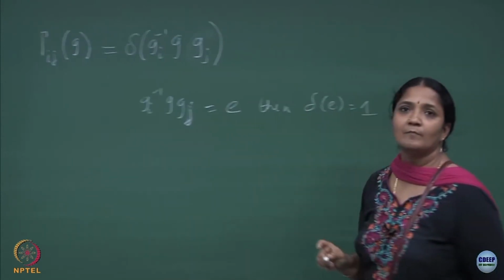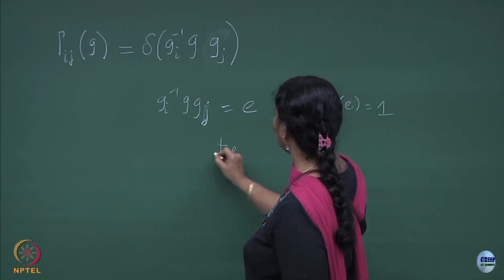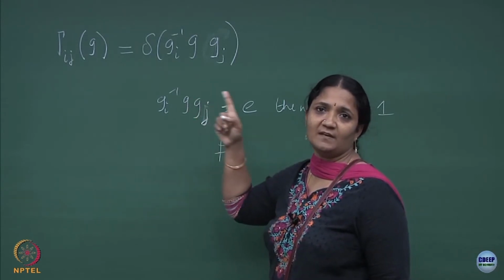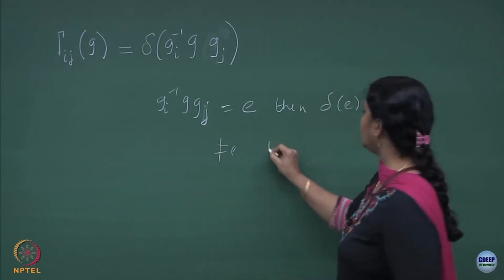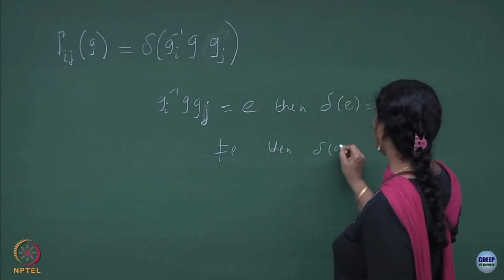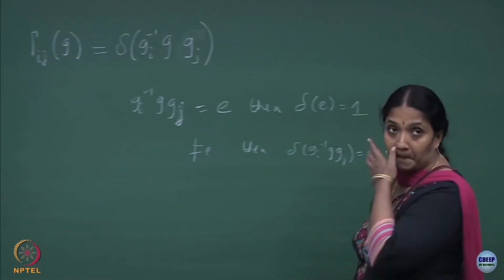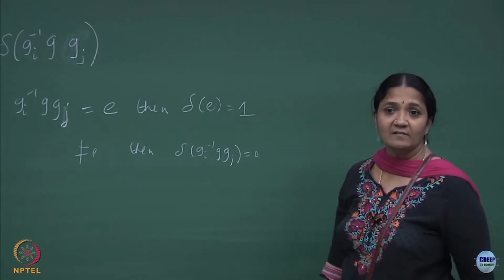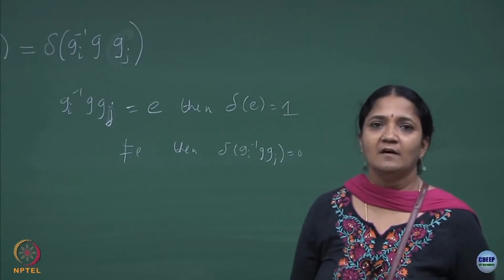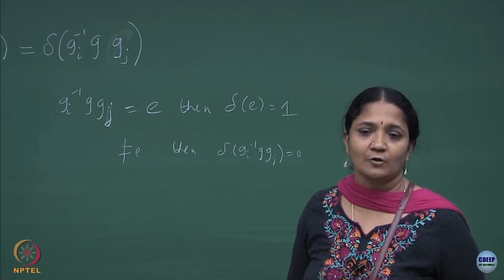Otherwise, if this product gives any element in the group G that is not equal to identity, then you substitute delta of that element equal to 0. So, that is the definition by which you can determine the elements of the H cross H matrix representation for the group.